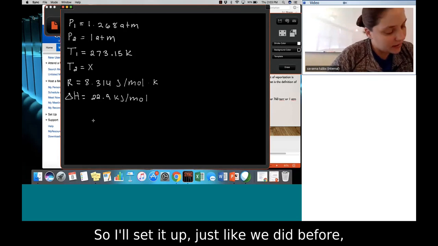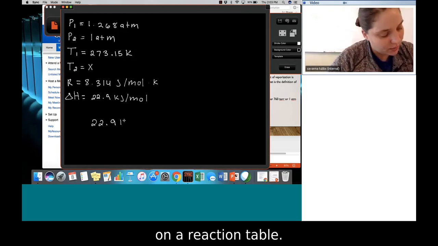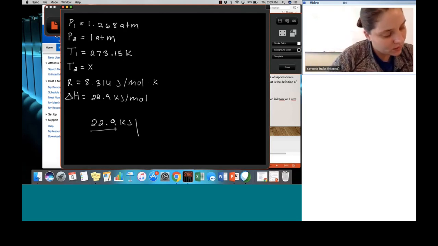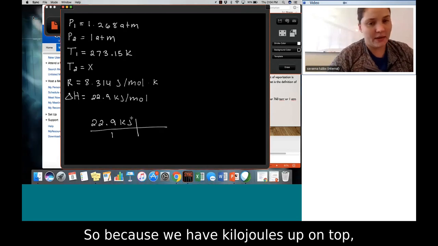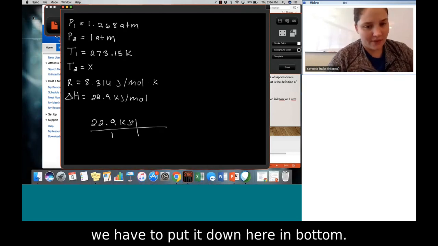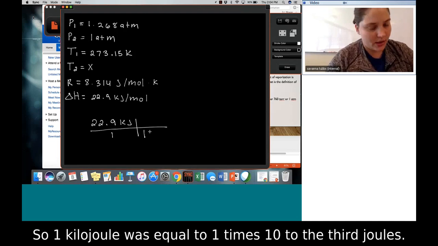So I'll set it up just like we did before on a reaction table. Because we have kilojoules up on top, we have to put it down here on bottom. So 1 kilojoule is equal to 1 times 10 to the third joules.